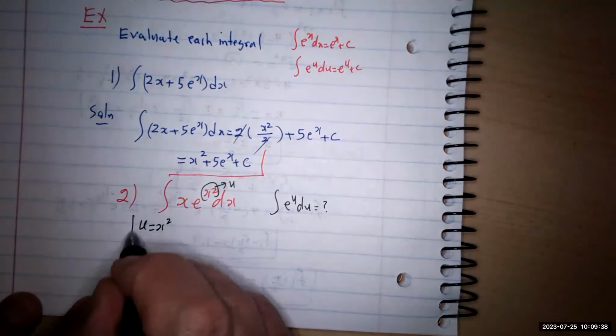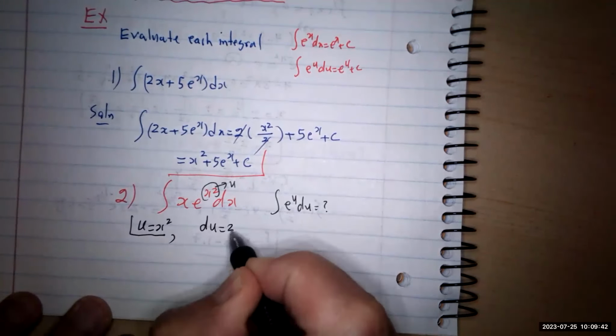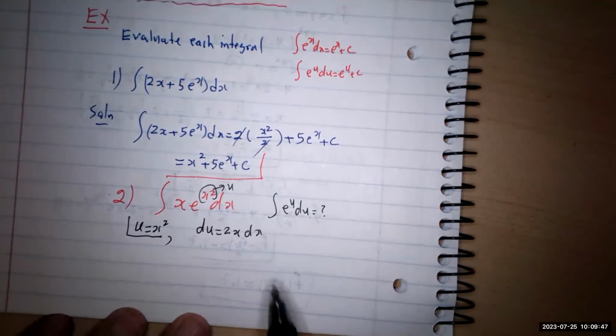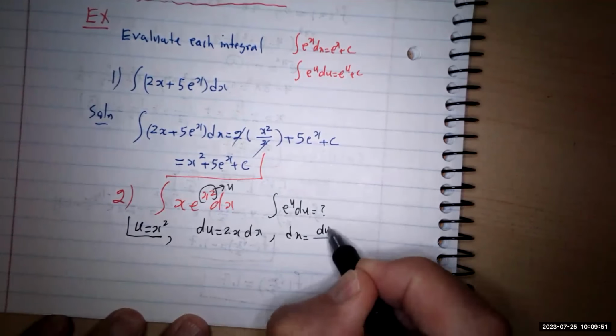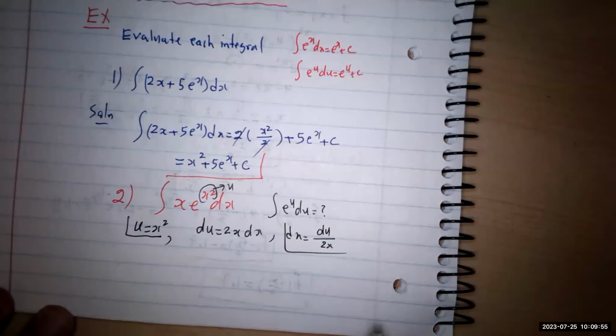Okay, u is equal to the x squared. So the du would be 2x dx. We find the dx. Dx is du over 2x. Go back substitute, automatically you get this one.